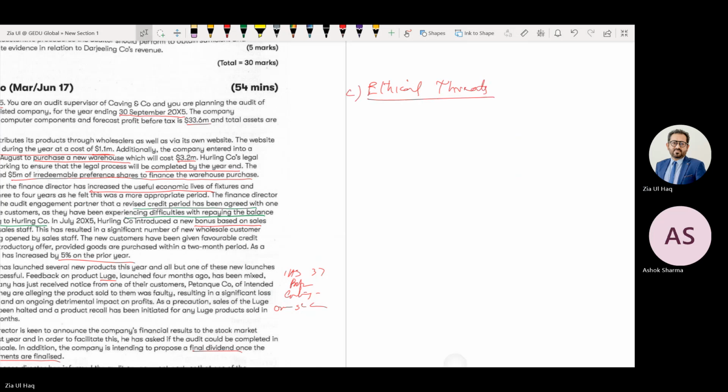Part C. So the first issue is appointment of NED. We'll put the issue as a heading.